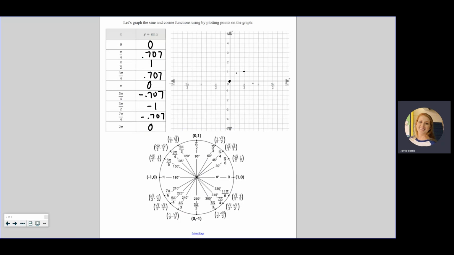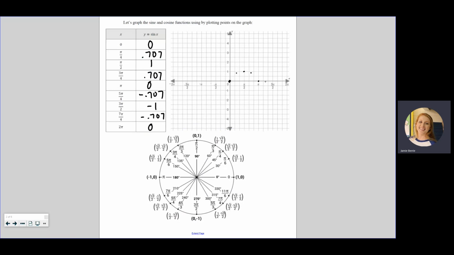Then 3 pi over 4 is halfway between pi over 2 and pi, so that's about here. There we're at 0.707 again. At pi, we're back here at 0.